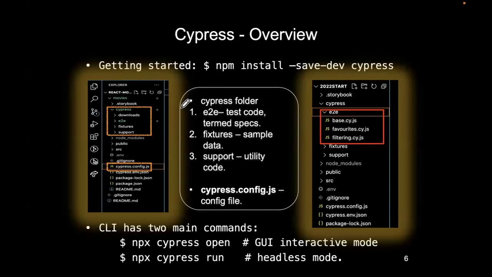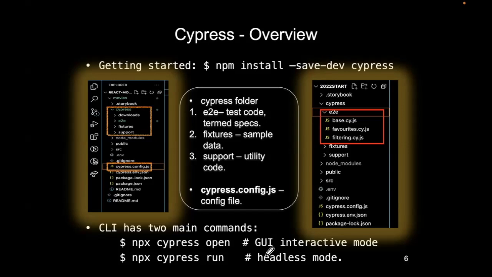And when you run the Cypress framework for the first time, there are two ways that you can run it. There's the interactive mode and what's called the headless mode. We will be using the interactive mode in this week's lab.